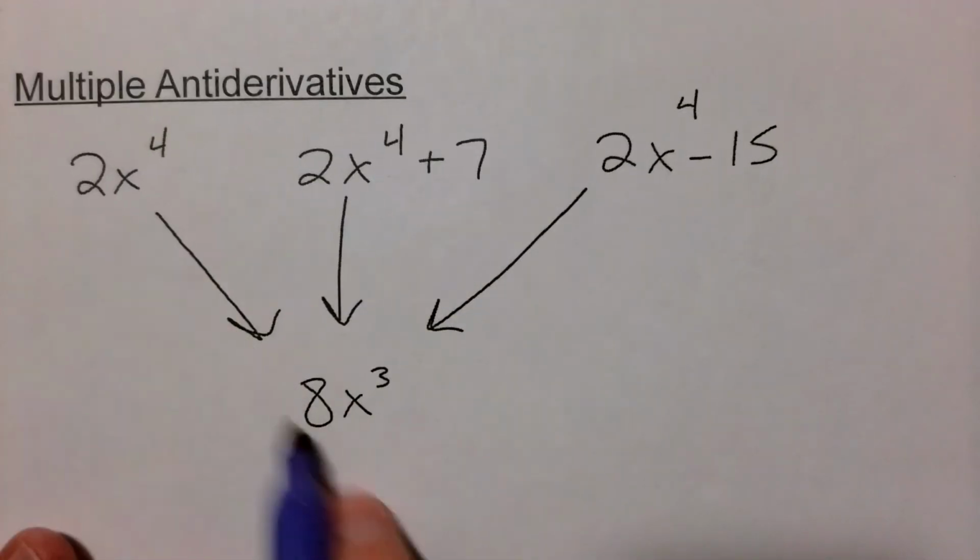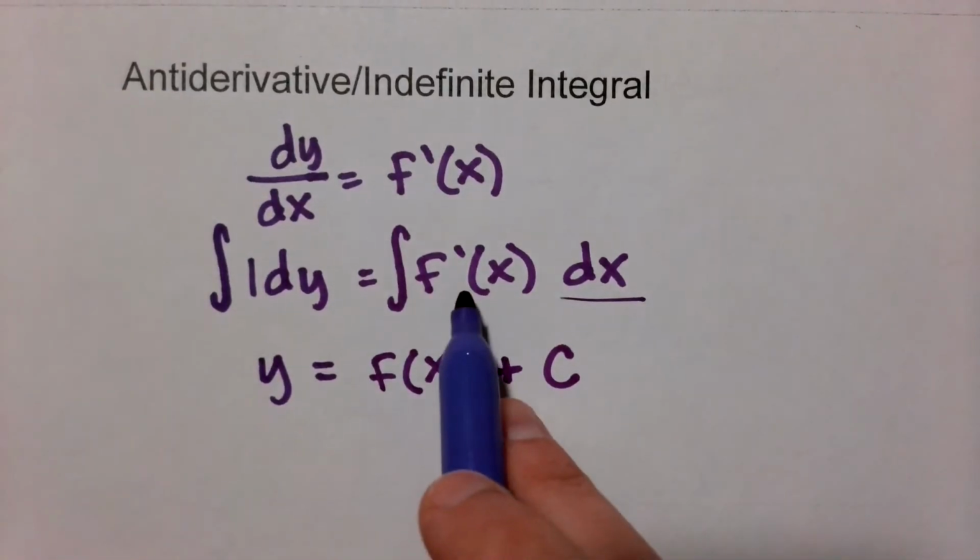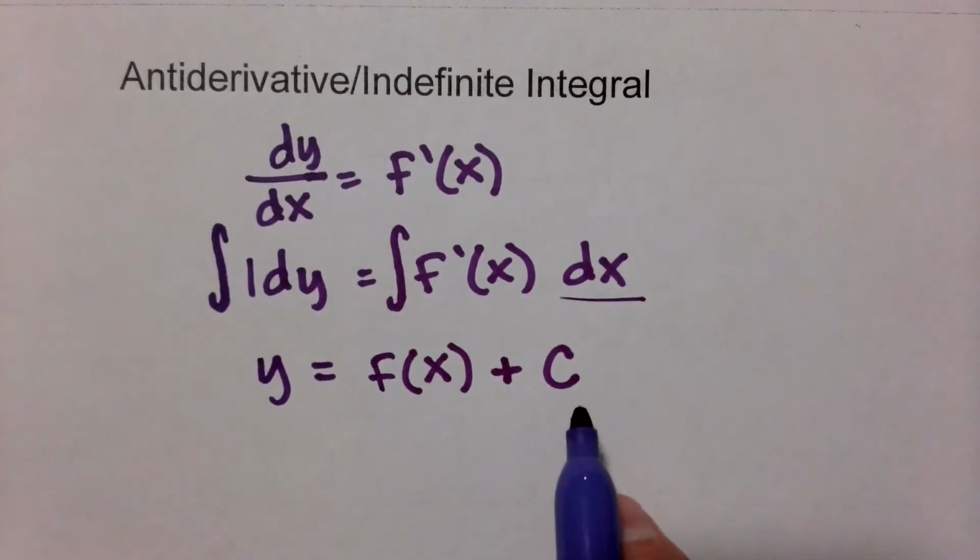My derivative always ended up being an 8x cubed. So we know my derivative is f prime, but we don't know if there was a constant added or not.